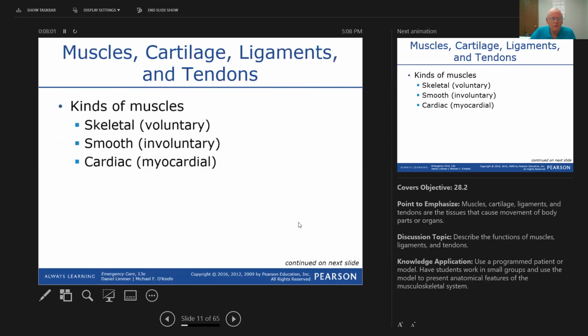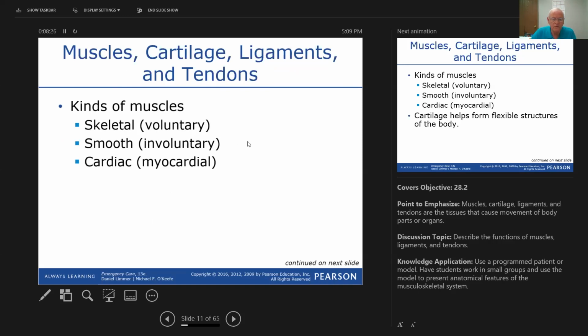All right, we also have muscles, of course. Skeletal muscles is what we're going to be talking about tonight. Smooth muscle, which is involuntary, things that tell our gastrointestinal tract to keep moving and move that cheeseburger down the line. Or they're inside our blood vessels, changing the diameter of the blood vessels, depending upon whether we're sitting, running, standing, jumping, whatever. And then the third type of muscle is cardiac muscle.